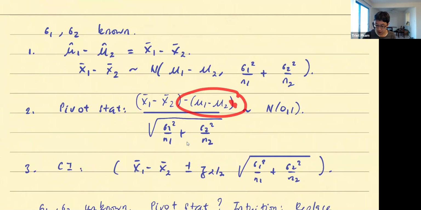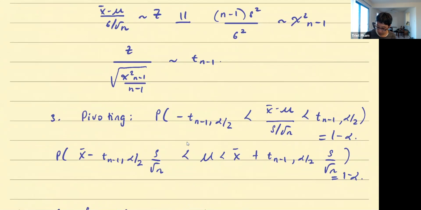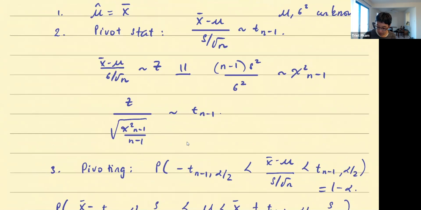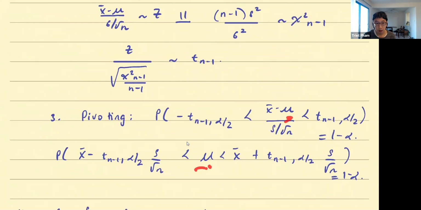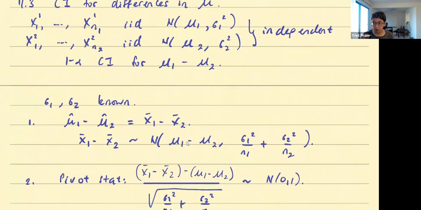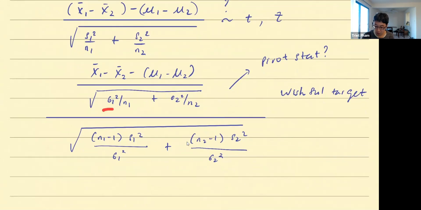Actually, we need it because that will be used as pivot. That's exactly what we isolate. What Christine pointed out is correct, that exactly here I used sigma 1, sigma 2 to construct my pivot stat. So it is normalized because I'm normalizing it here.